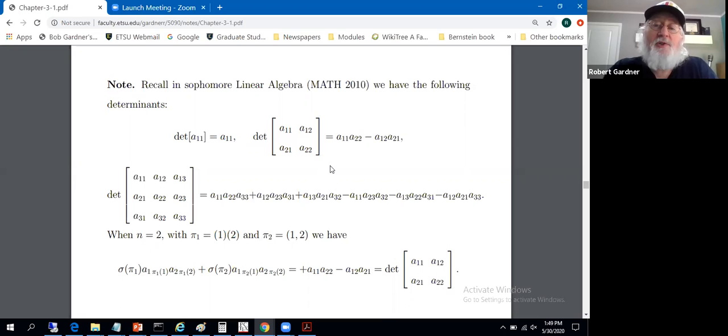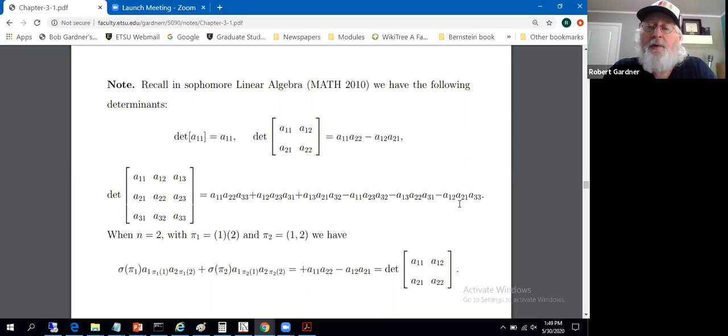Some observations. Notice we got a plus first and a minus second. Look at the first index, 1, 2. The same pattern holds down here. In the determinant of this 3 by 3, look at the first subscript on the A's: 1, 2, 3, 1, 2, 3, 1, 2, 3, 1, 2, 3.